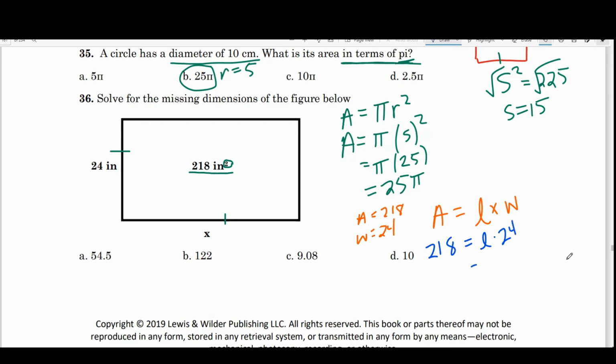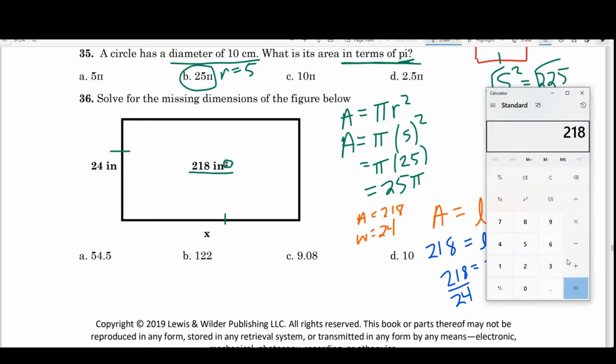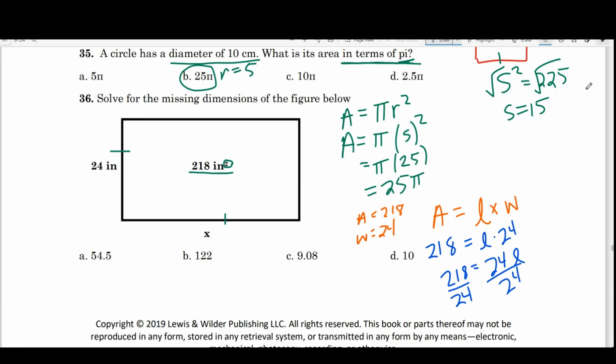That's 24L. If we want to solve for L, we divide both sides by 24. What does that give us? 9.08, which is C.